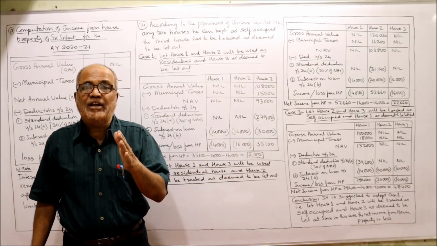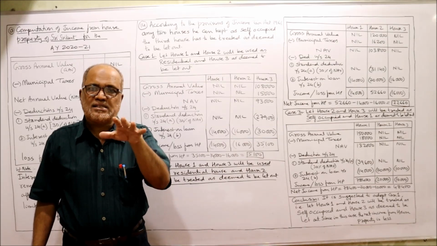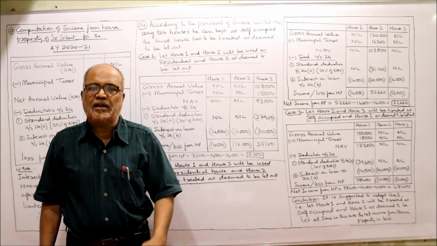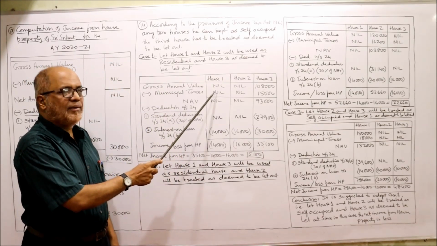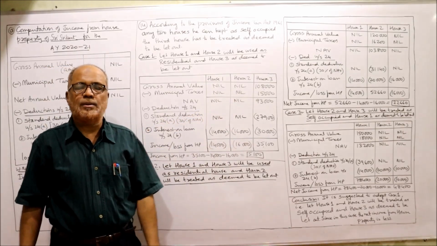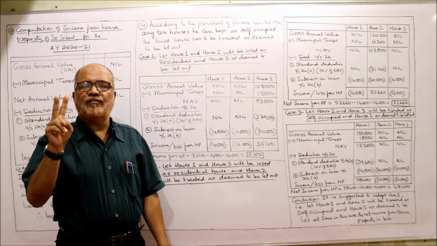First of all, I am evaluating on what basis? First and second house as self-occupied and third house is deemed to be let out. What is the total income? I will find out. So first of all, gross annual value GAV. First house nil, second house nil, third house 1,08,000. The GAV is higher of the following 2.